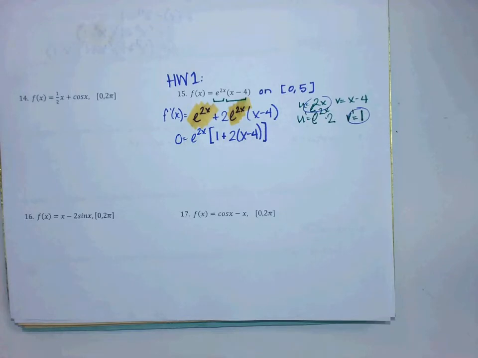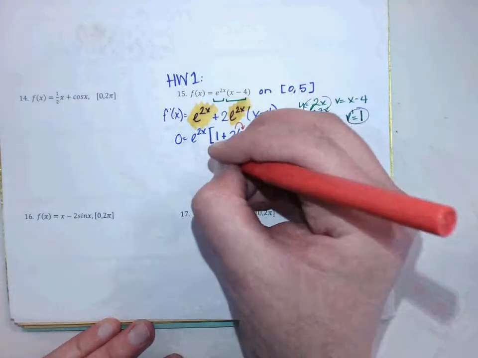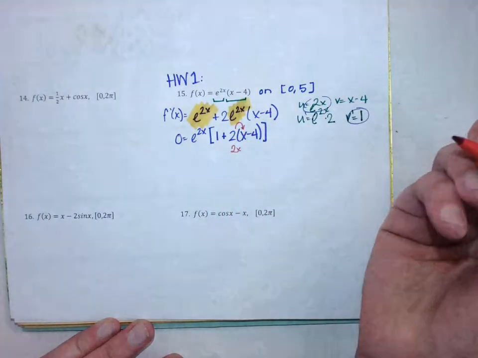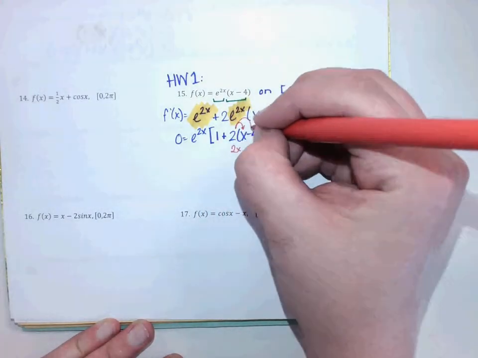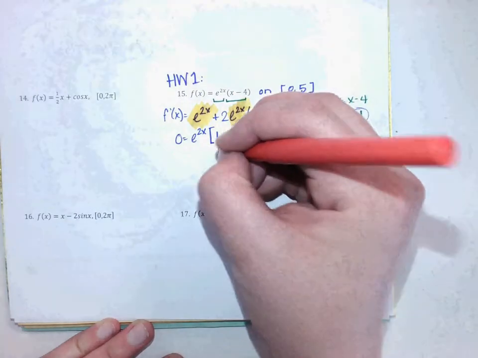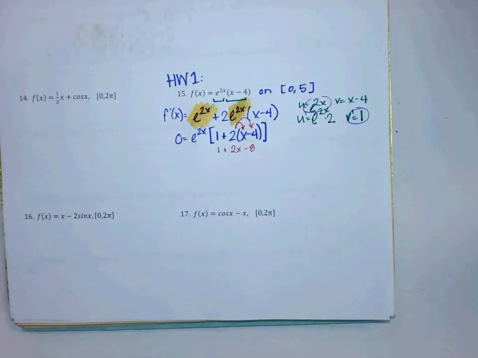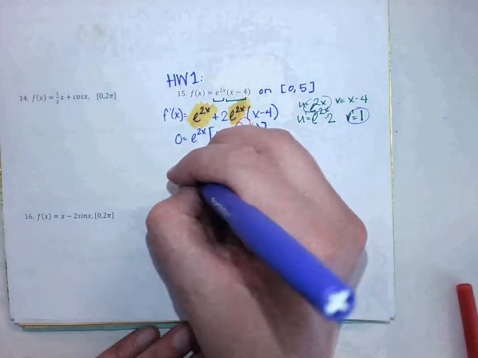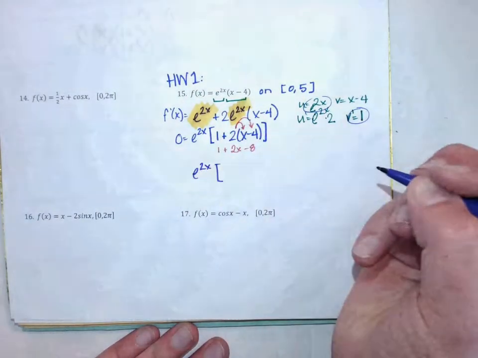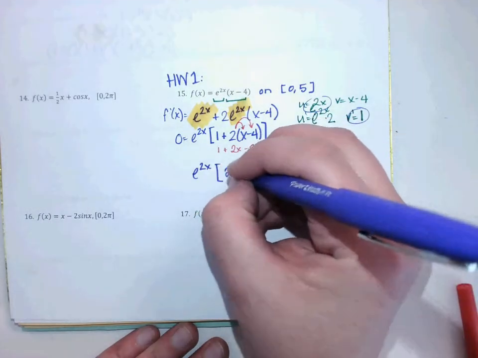So if I have a 2 times x minus 4, 2 times x is 2x, but what's 2 times negative 4? Minus 8. And then if I have a 1 in front of that, combine the 8 and the 1, what do we get? Good. So you have e to the 2x and then 2x minus 7.